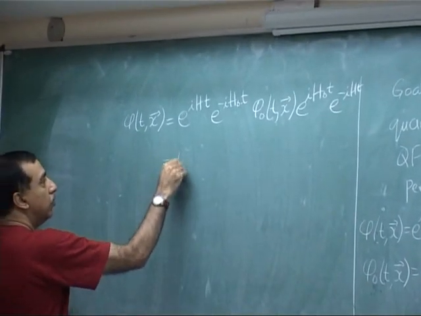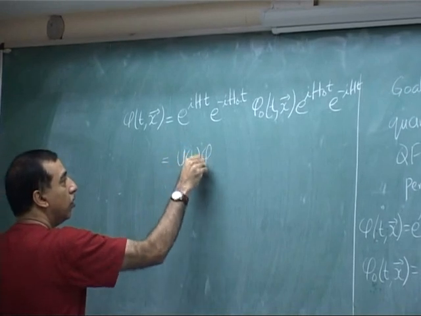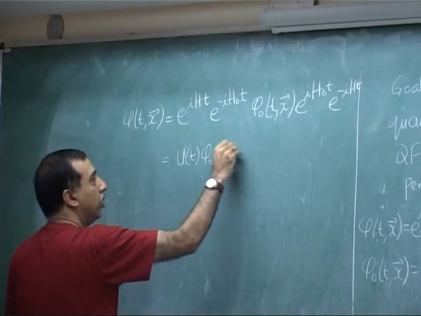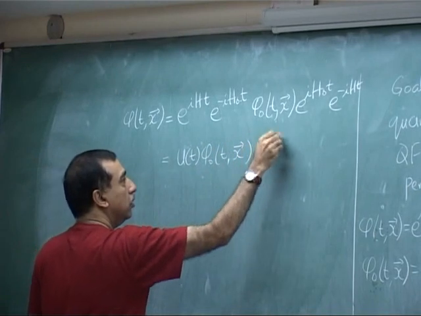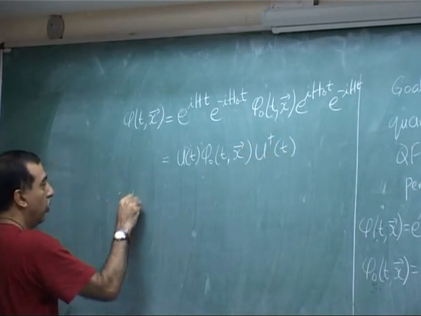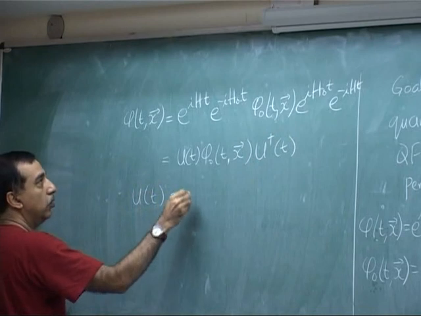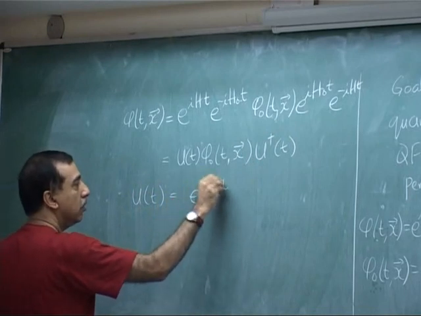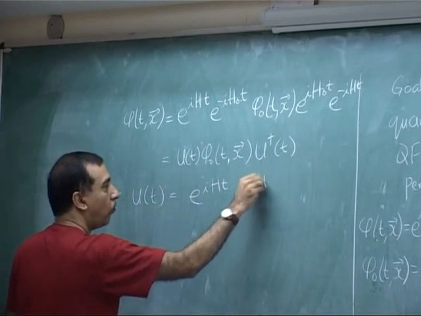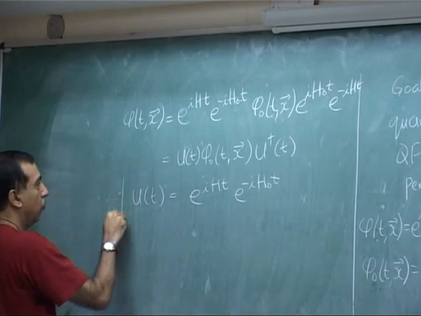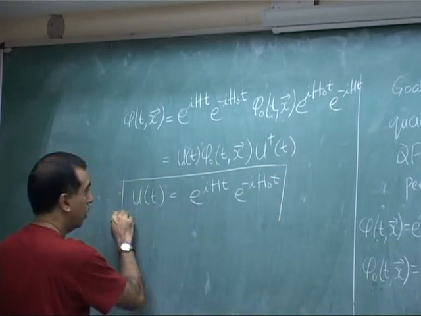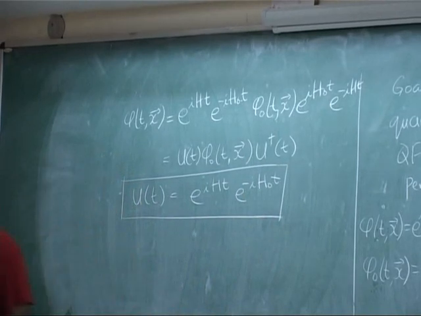And this can be written U of t, phi naught of t and x, U dagger of t, where U is a unitary operator defined as... so what's the physical meaning of this?